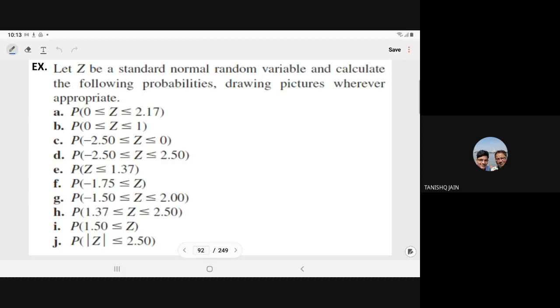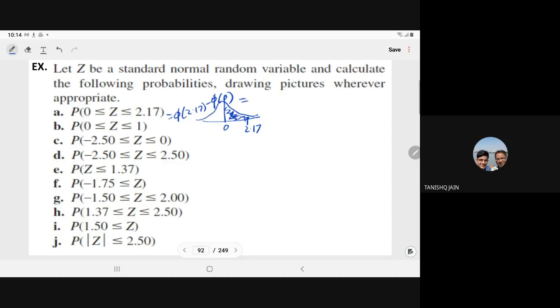When we have the probability z lies between 0 and 2.17, here we have the 0, here we have the 2.17. We have to compute this probability. It is phi of 2.17 minus phi of 0.